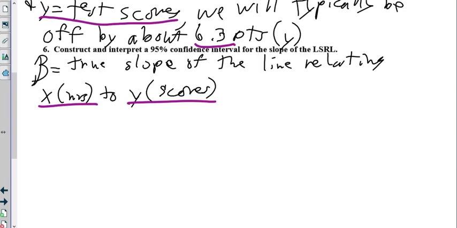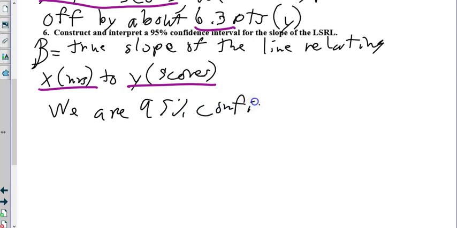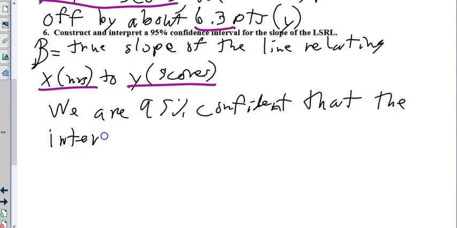And here's our last statement of our last notes of the semester. We are 95% confident that the interval, now, where do we get our interval?